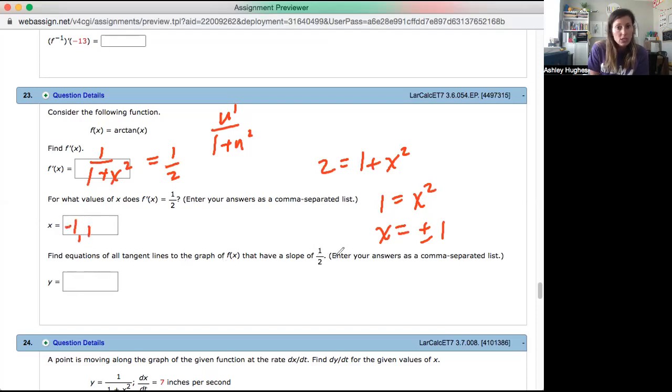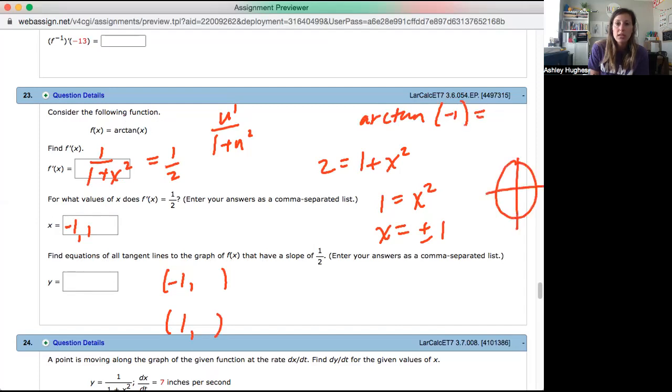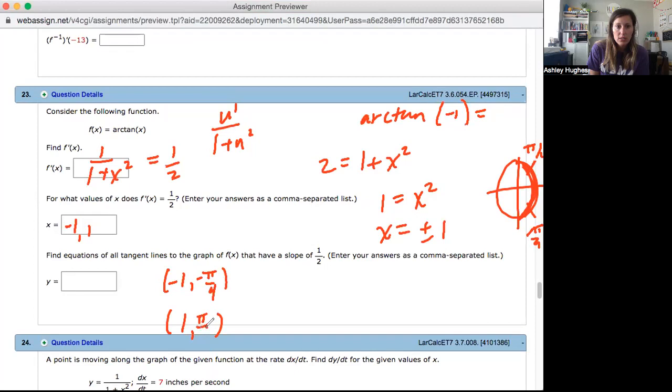Find the equations of the tangent line. So point-slope form: -1 comma arctan of -1. What has a tangent of -1? It's -pi/4, because arctan only exists on this half. And then pi/4 returns the tangent of 1.